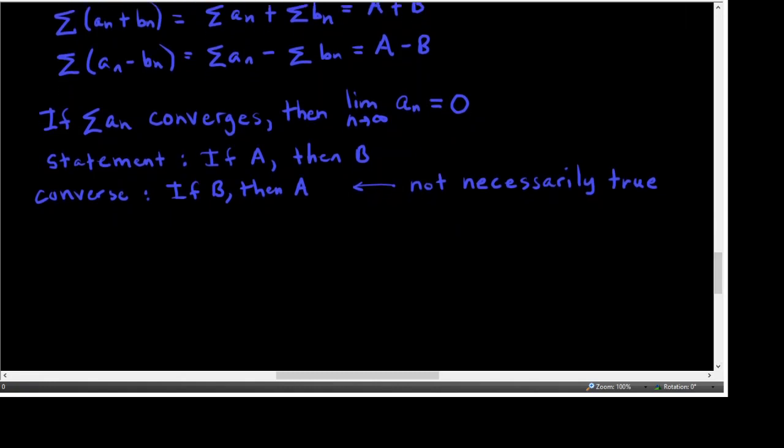Now, the contrapositive of a statement is this. You take the conclusion from your statement and negate it. So if not B, then you negate your original hypothesis, not A. Is that true?